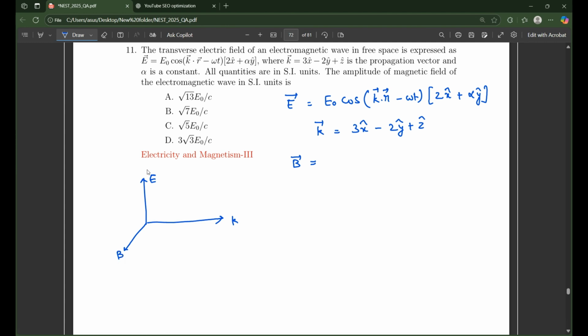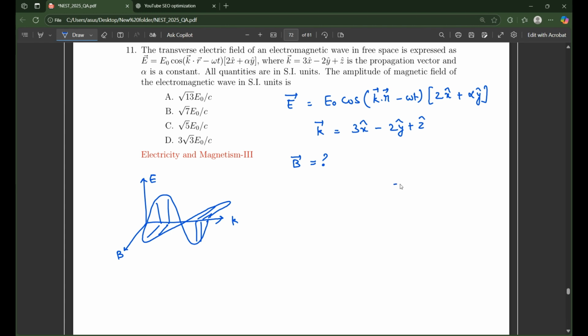First of all, we have to find this vector. What is this electric field vector? As we see in the diagrams, these are perpendicular to each other. Similarly, now we have to find the magnetic field. For this, we first have to find E. What is E?